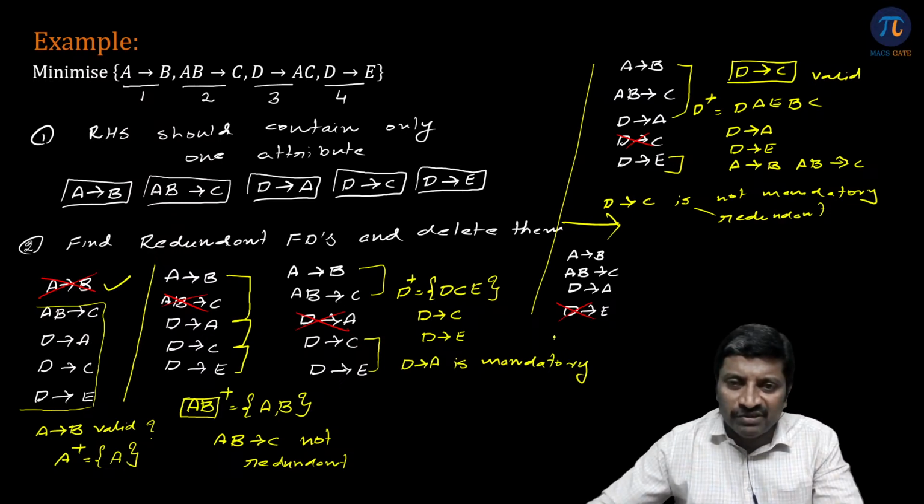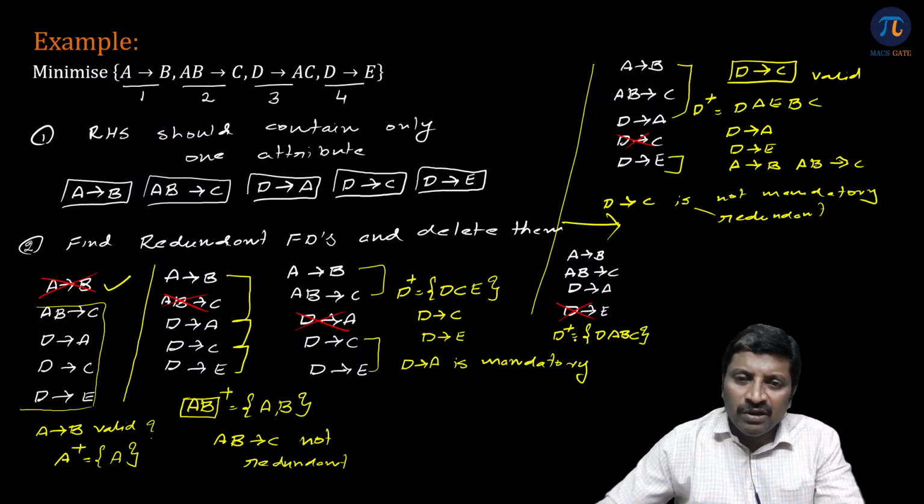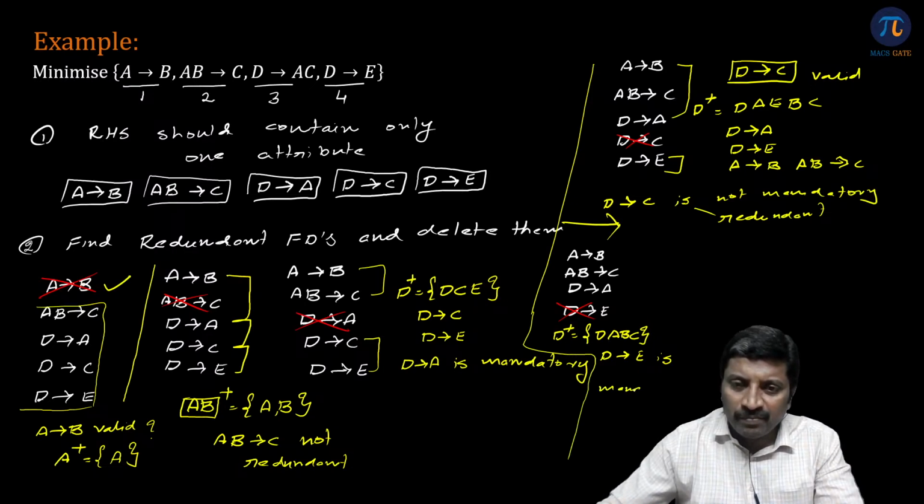What is the closure of D? With D I can get D, A, B, C. Are you able to get E, sir? No. So that means D implies E is mandatory, or it is not redundant. So these four are mandatory, sir.